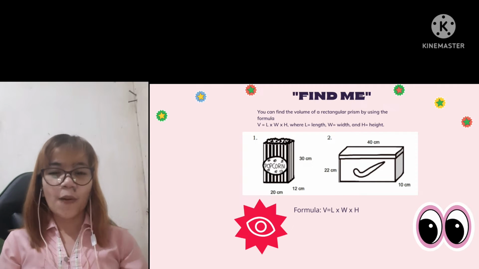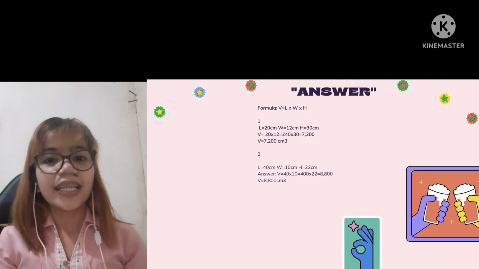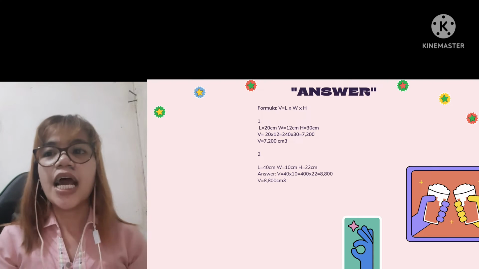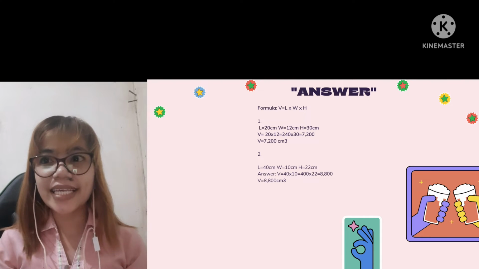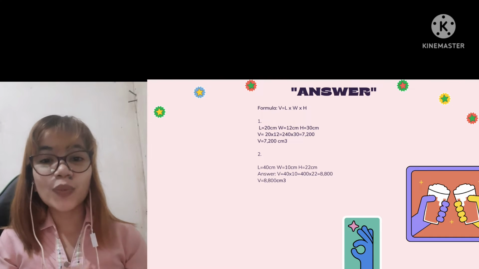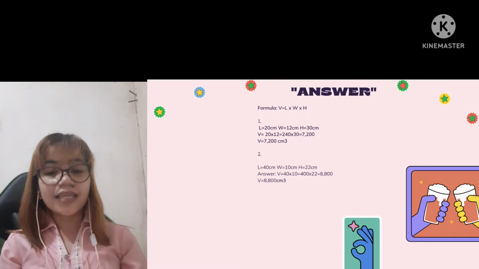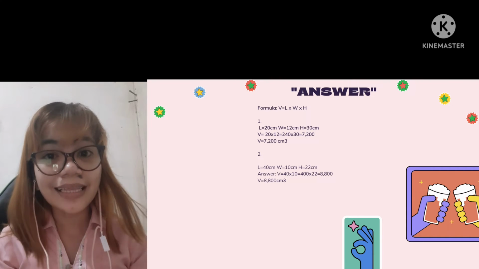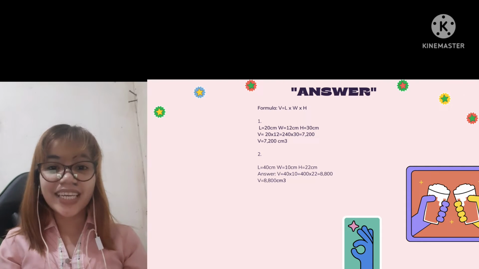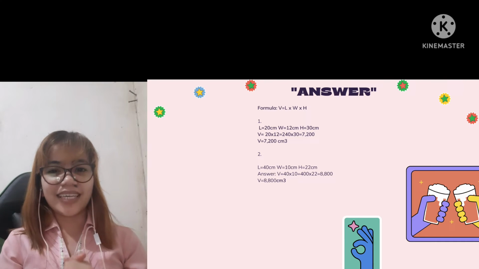What your classmates did is they followed the formula flashed on the screen. The formula is volume equals length times width times height. Since the length, the width, and the height are already given to you, you just need to multiply them. So now let's try it.